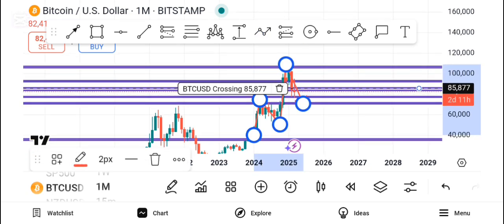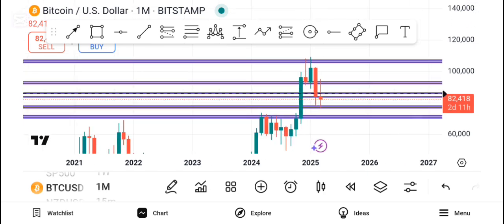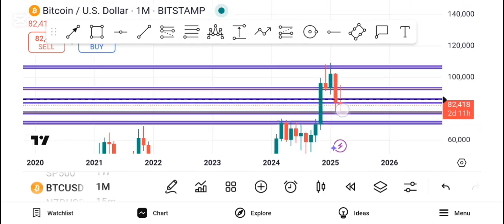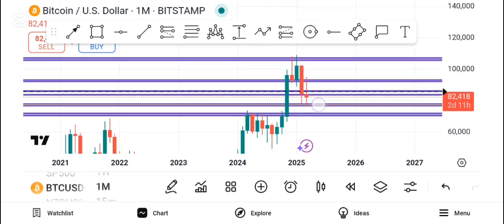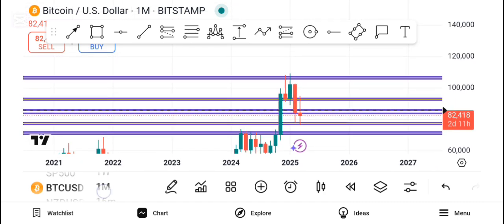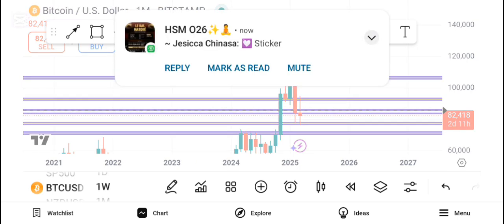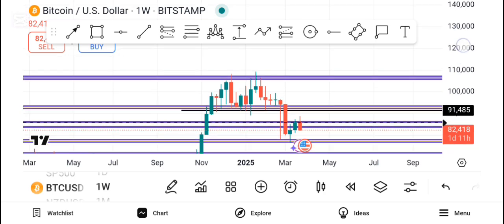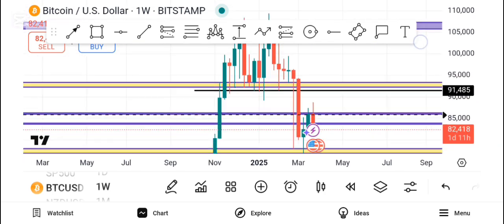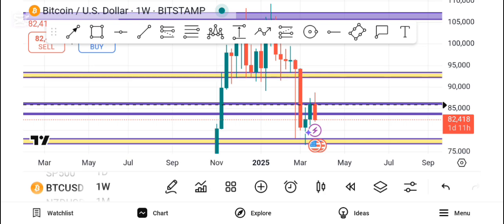Let me delete this. As you can see on the monthly, you can see more like an indecision candle, but the strength is pointing. So let's go to the weekly. This is the weekly time frame.